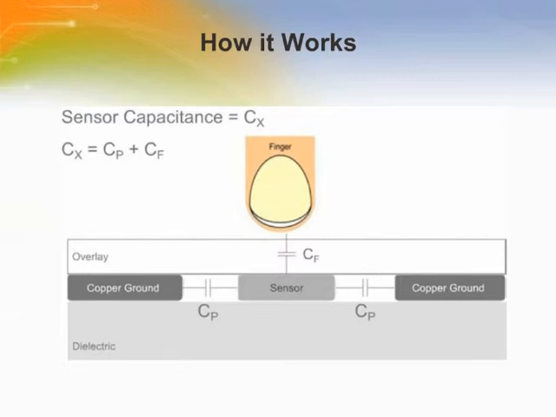So although the presence of a finger induces change, the scale of the change in comparison to the parasitic capacitance is quite small. The sensor's measured capacitance is called C sub x. With no finger present, C sub x is basically equal to C sub p. When a finger is present, then, C sub x is a combination of C sub p and C sub f.